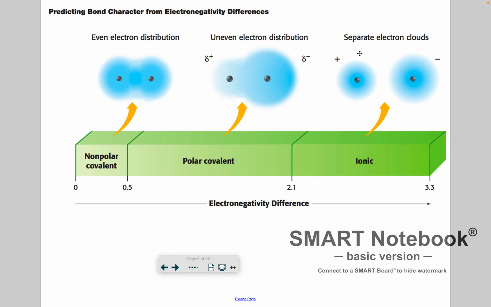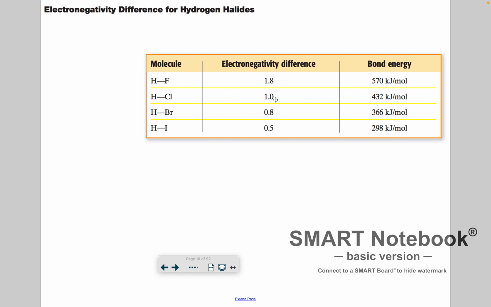Okay, and with that difference, take a look at that bond energy. Take a look at hydrogen and bromine. Take a look at hydrogen and iodide. Notice what happens with your electronegativity differences. The trend here is that it's decreasing. What happens to your bond energy? It also decreases.